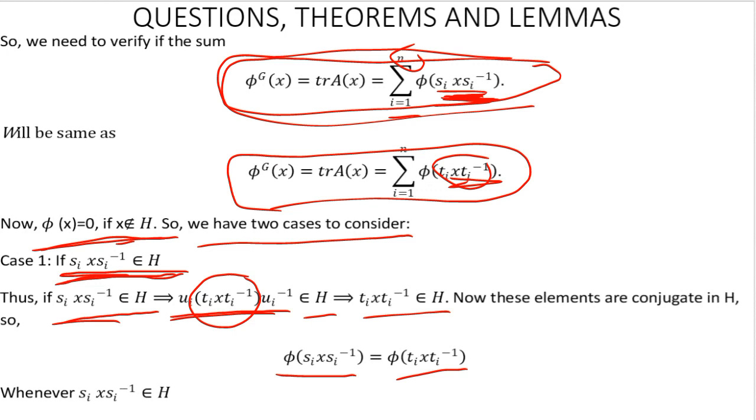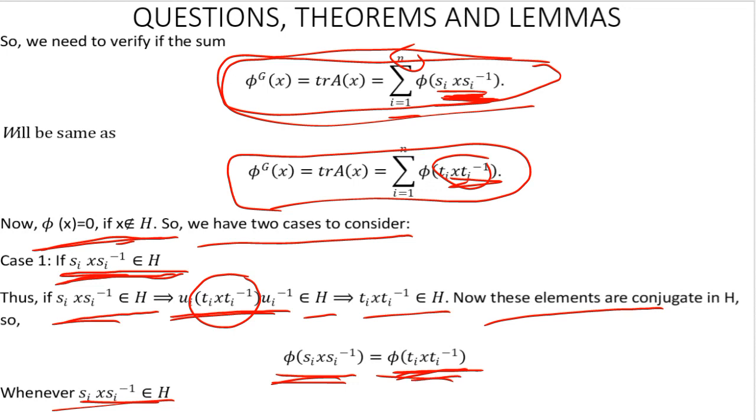Why? Because they are conjugate elements. That's what makes it possible, and that makes them a class function, as I explained earlier in class. So whenever we have this relationship, s_i inverse in H, our character will be the same as that of t_i inverse.